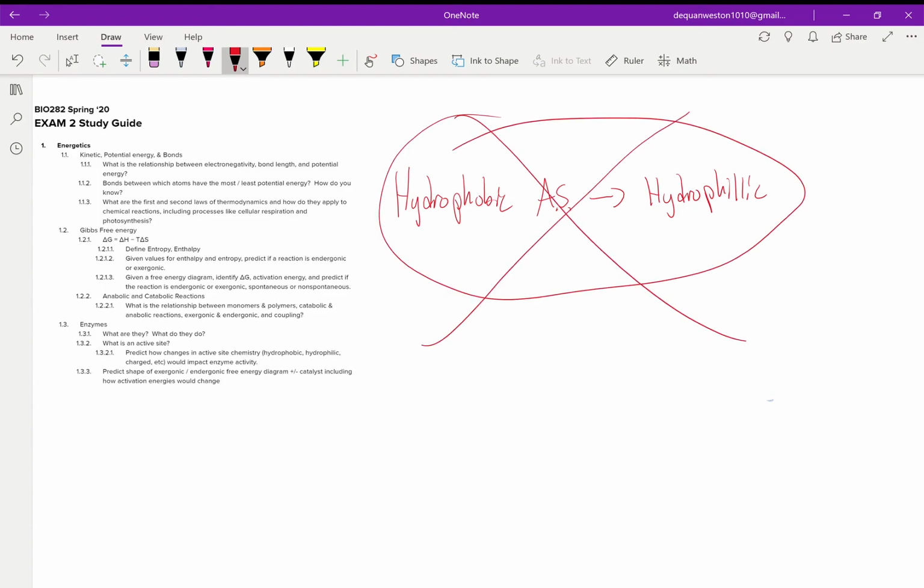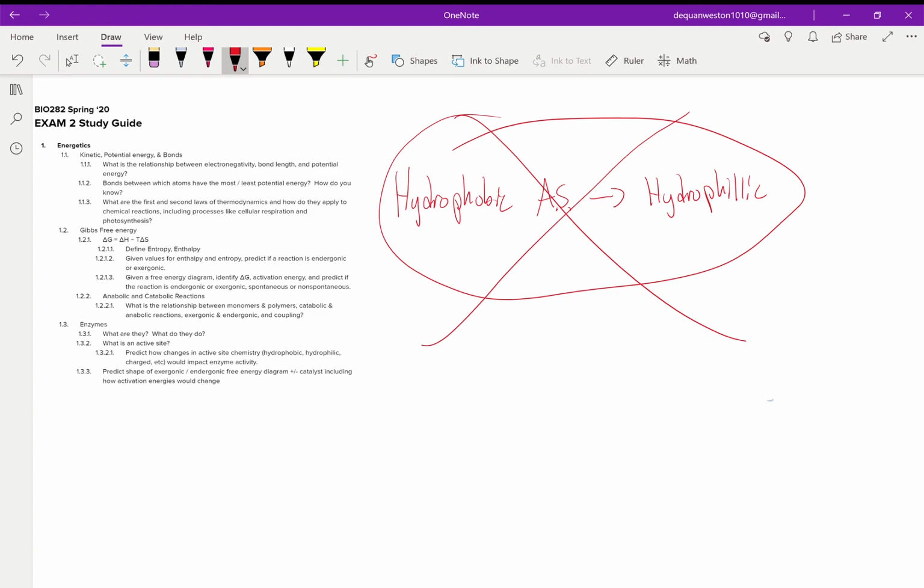Your active site chemistry needs to remain the same. If you have a hydrophobic active site, that's because the substrate is hydrophobic. So if all of a sudden you switch that active site to hydrophilic, you're going to shut that thing down and it's not going to catalyze that reaction.